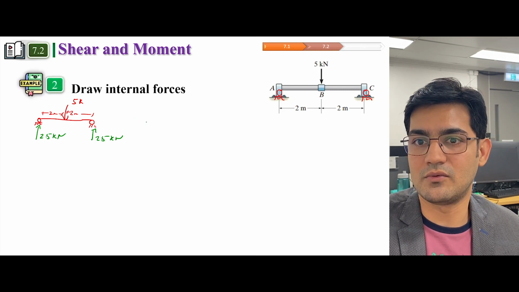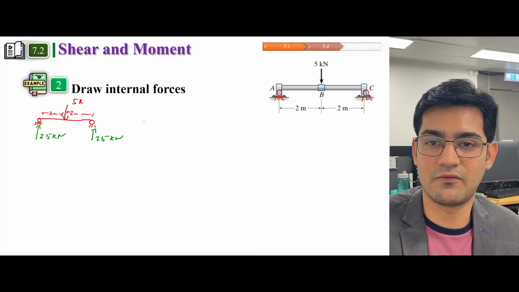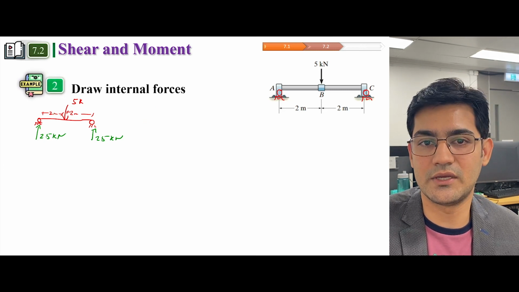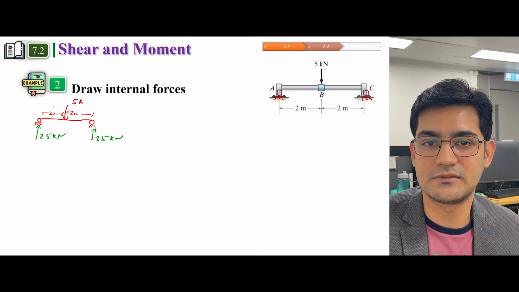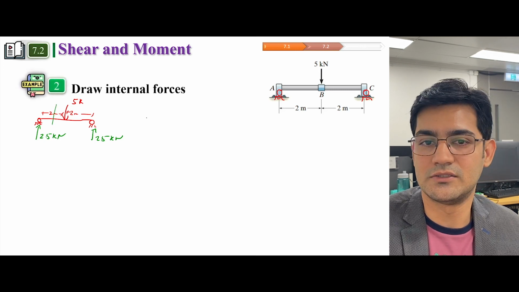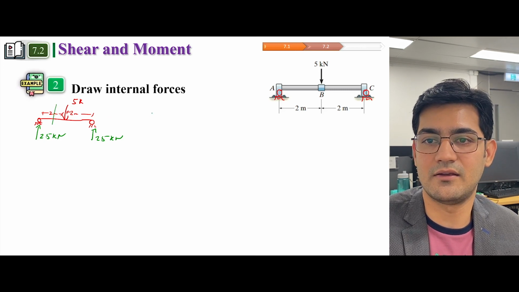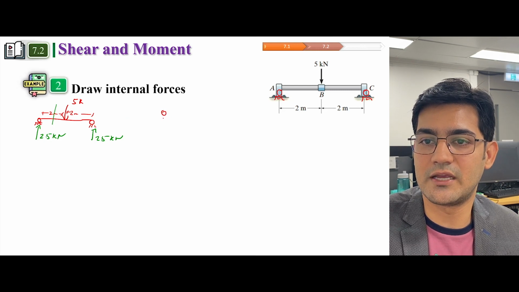Now, in order to calculate the equations to draw the shear force and bending moment diagram, what we can do is make a section out of it. So if you cut a section like we did before, you can expose the internal forces.